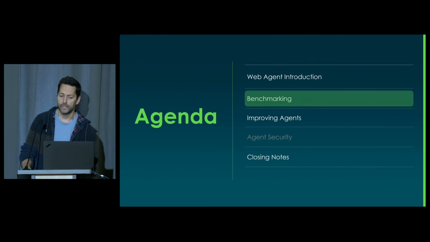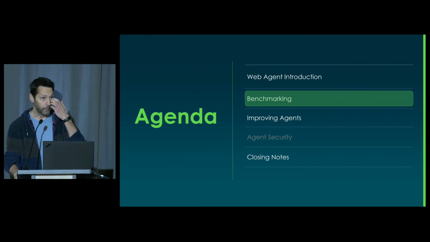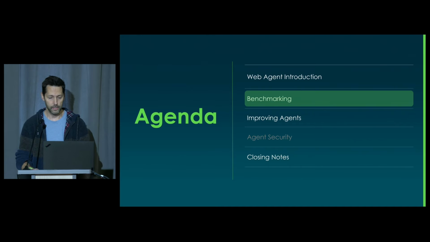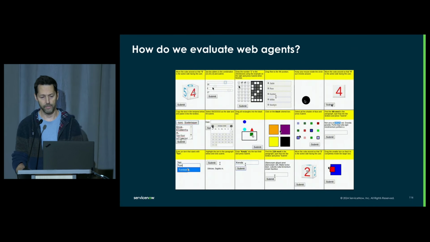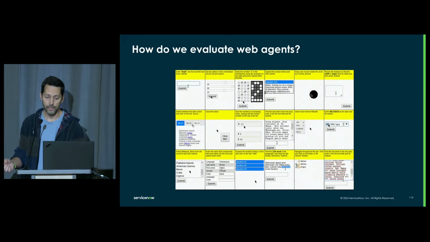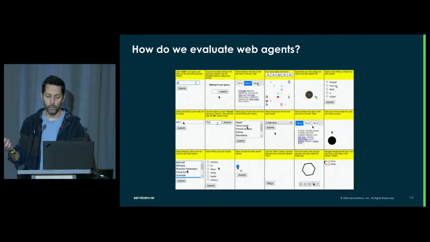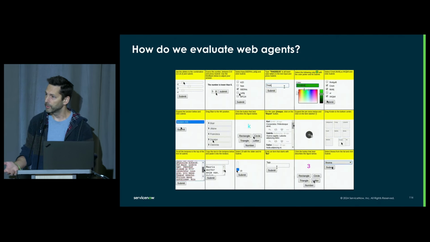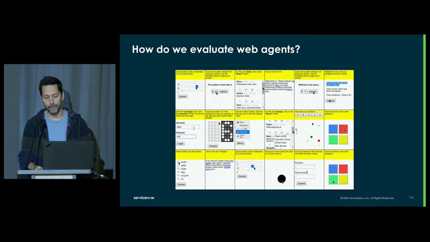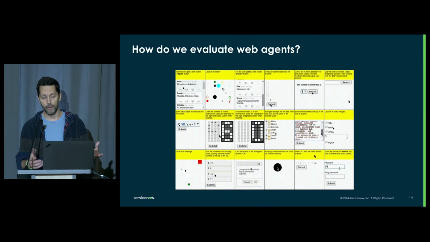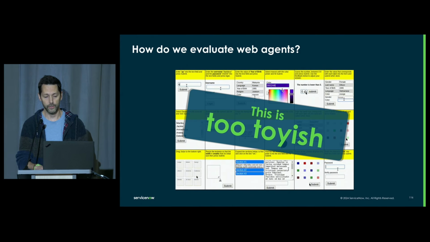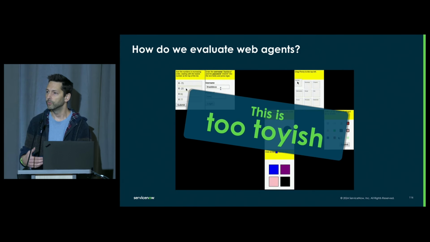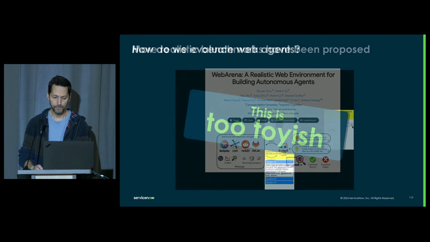So now that we saw that it's easy to make an agent, we need to measure if it's good or not, and I'm going to talk about benchmarking. When we started, the only benchmark that we had was MiniWoB, a very interesting benchmark, 125 tasks, an extensive amount of different widgets, but it's just a little bit too toyish for what we need to do for real-world research.